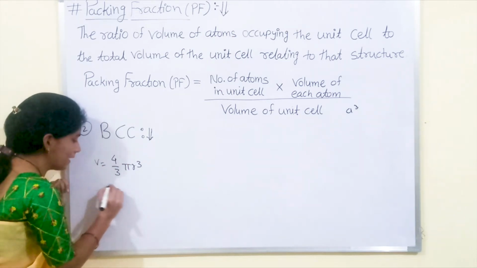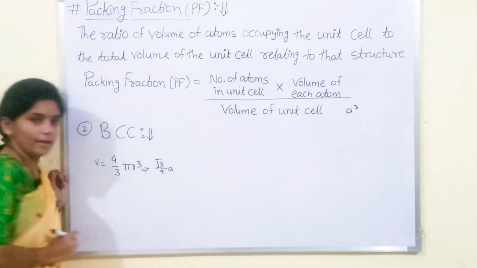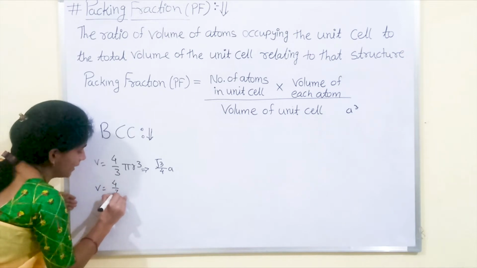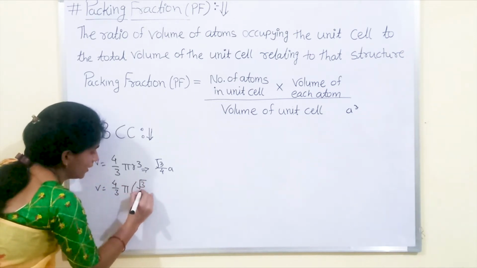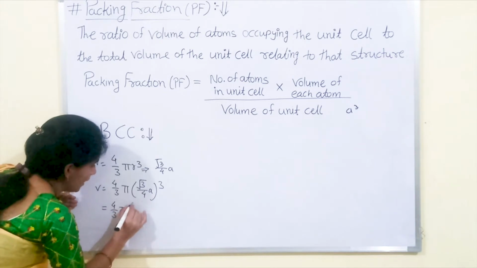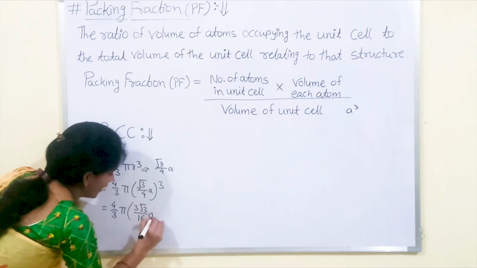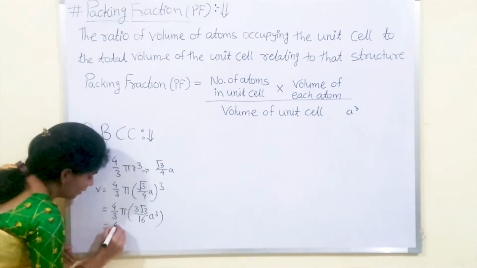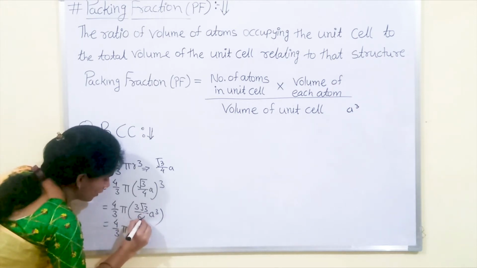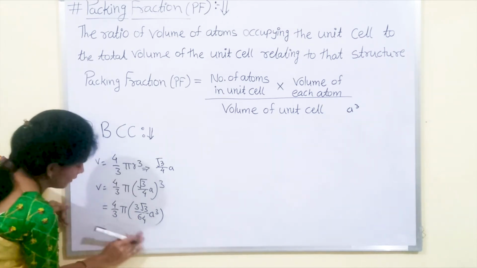For BCC the radius of the atom is r equals root 3 divided by 4 a. Putting this value in the formula, we get 4 by 3 pi into root 3 a divided by 4 cube, which is 4 by 3 pi 3 root 3 a cube divided by 64, since the cube of 4 is 64.